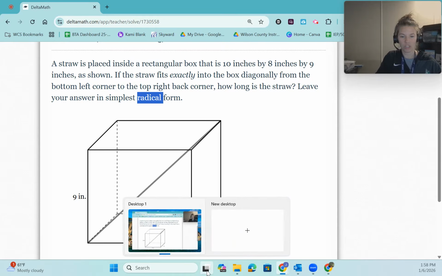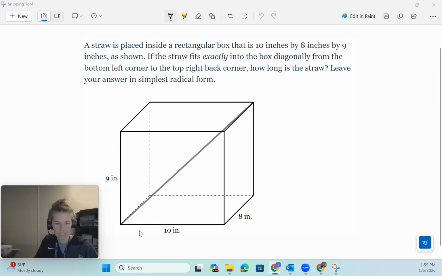So how we're going to do this is that we are going to draw our triangle. If we have the diagonal triangle, that means we can cut across the center bottom here and create a triangle that fits into the middle of this box.